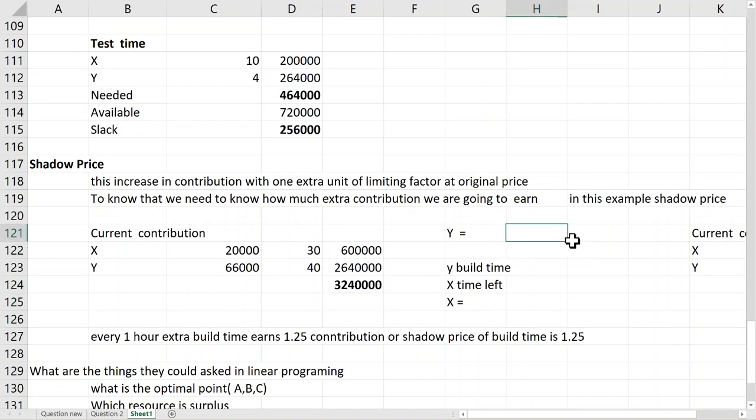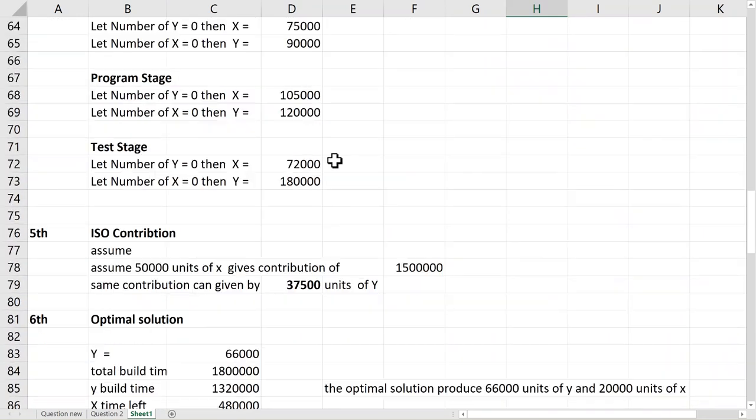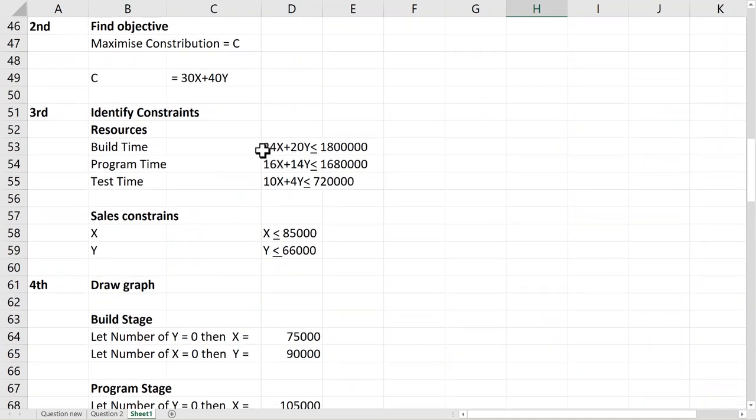What if one extra build time is available? Because Y is at maximum level, Y cannot be increased, so Y would still be 66,000 units, and the time they would require is 66,000 multiplied by 20 minutes.